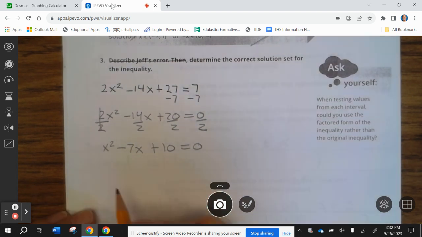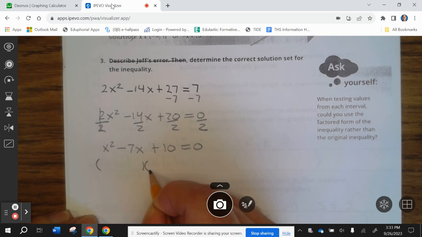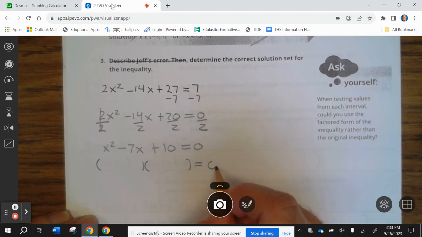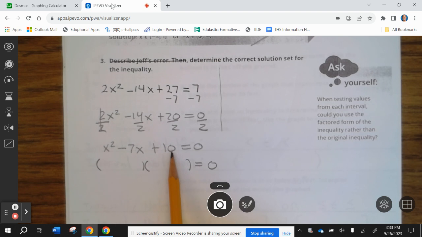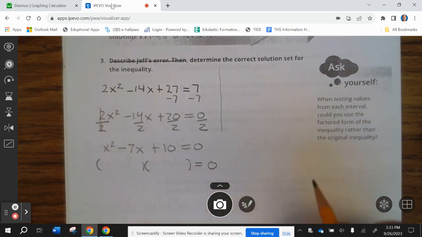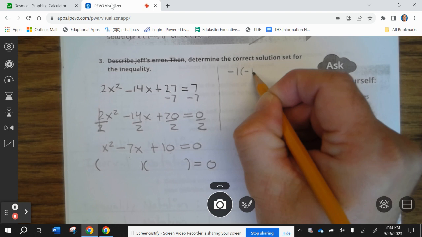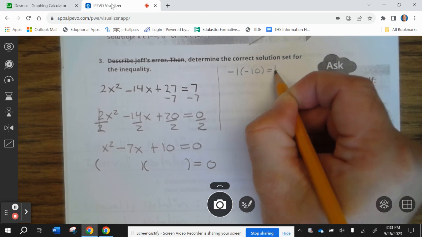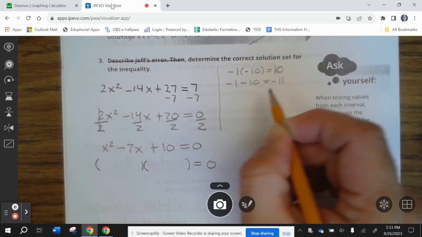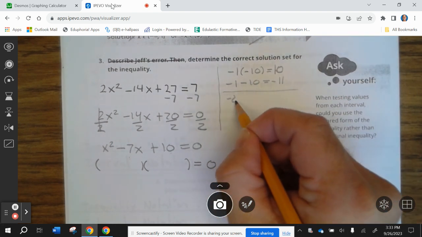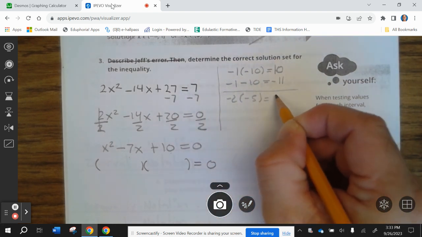Now, we want to see about factoring, so 2 parentheses equals 0. Now, we need to figure out what numbers multiply to give you a positive 10, combined to be negative 7. The only way to do that is with two negative numbers. So negative 1 times negative 10 is positive 10. Negative 1 minus 10 is negative 11. That doesn't work. So then negative 2 times negative 5 equals positive 10.